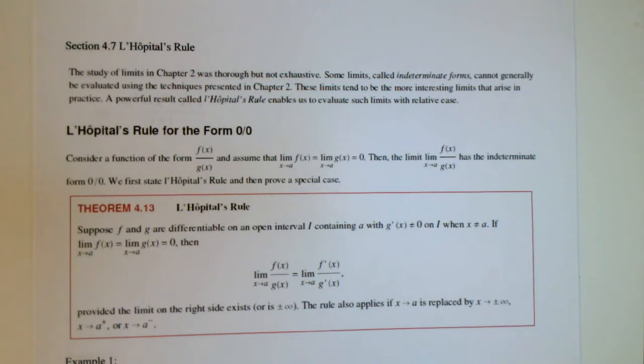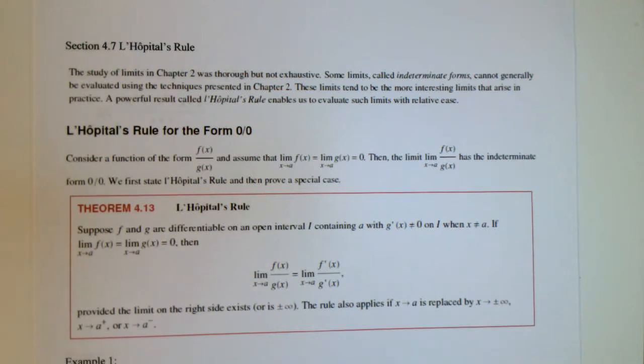Okay, so the first rule for L'Hopital's rule is when you have limits that are in the form of 0 over 0. That means the limit of the numerator goes to 0 and the limit of your denominator goes to 0.